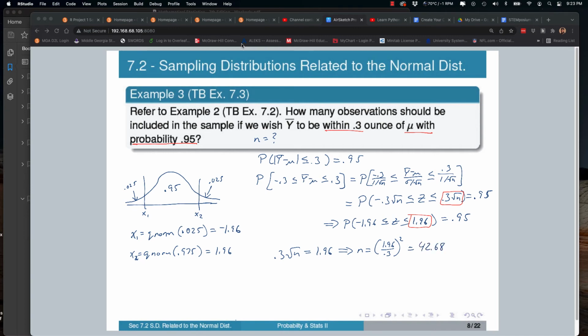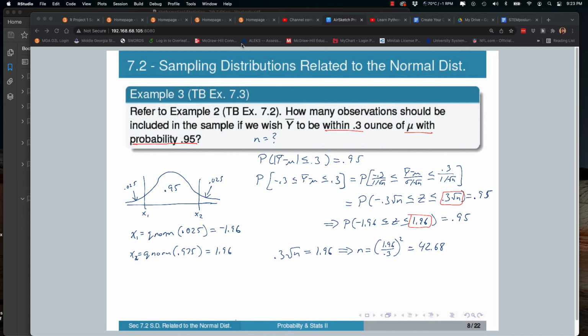But we don't want to answer a question like this with a decimal value. You can't sample 42.68 items, in this case filled bottles. You can't sample a portion of a bottle. It's either you take the whole bottle or you don't. So it'd be silly to do that.